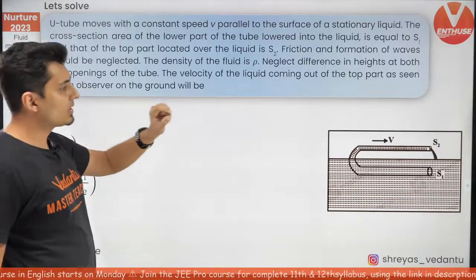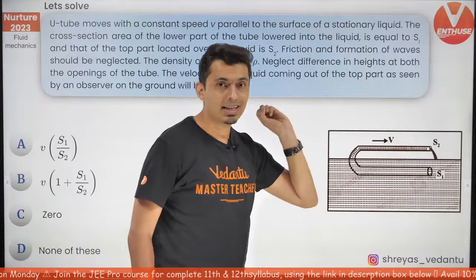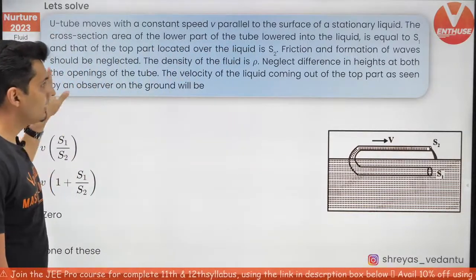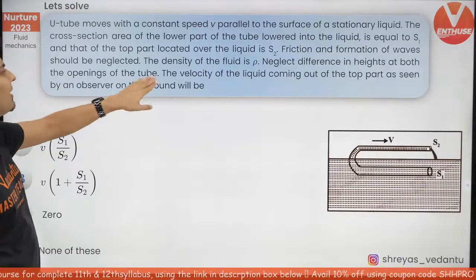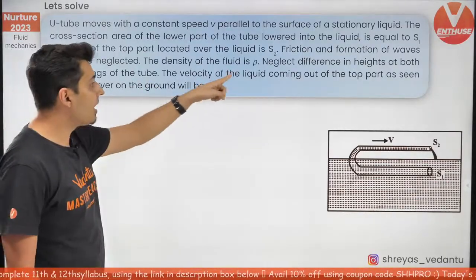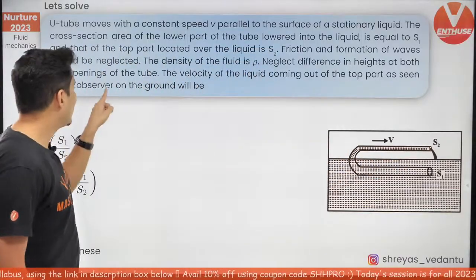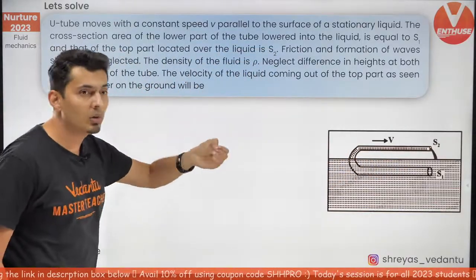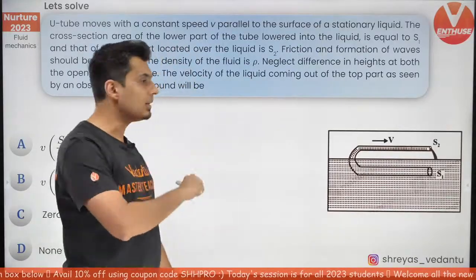The area of cross section of the top part is S2, the area of cross section of the bottom part is S1, and density is given. Neglect the difference of height, and the velocity of the liquid which comes out from the top as seen by an observer on the ground will be?